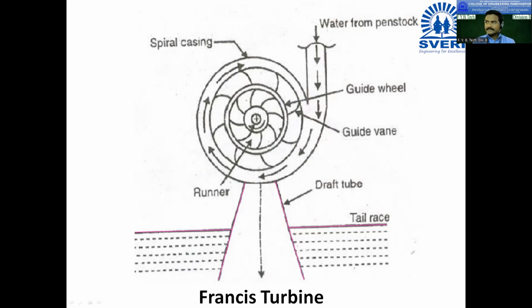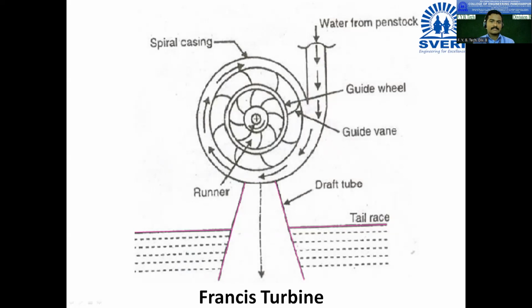Now please pay attention. This turbine was invented by Francis. So that's why the name is given Francis turbine. If you see the construction details related to this turbine, there is a draft tube, then guide vanes, guide wheel, runner, and penstock.